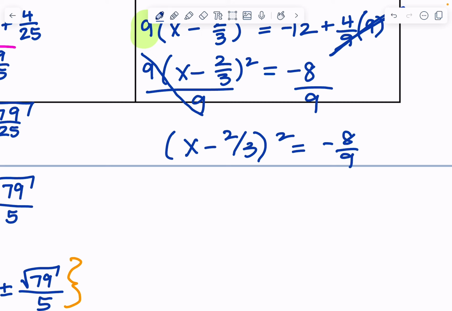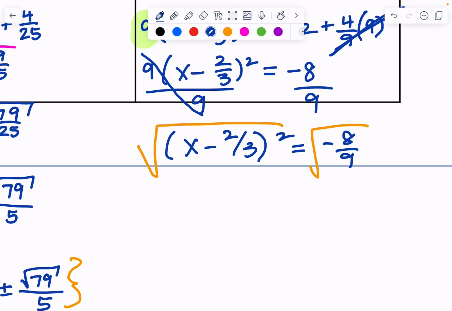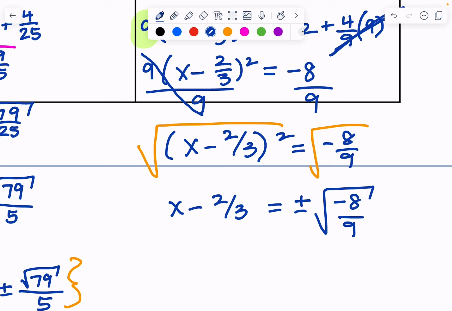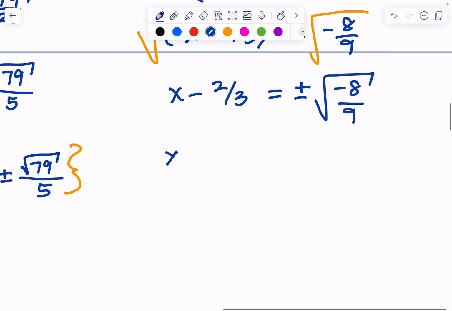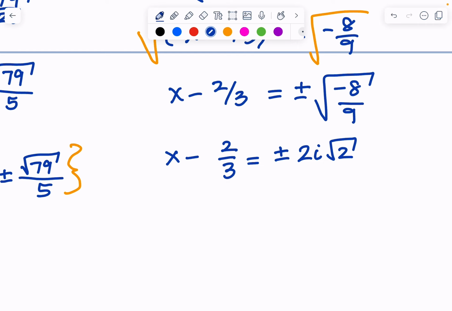We need to square root both sides. And we've got x minus 2/3 is equal to plus or minus the square root of negative 8 over 9, which can simplify. So I've got x minus 2/3 is equal to plus or minus 2i square root 2 over 3.